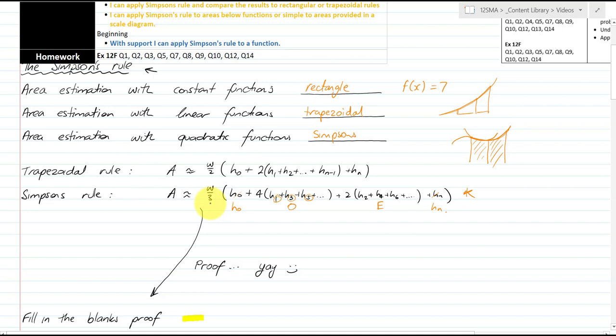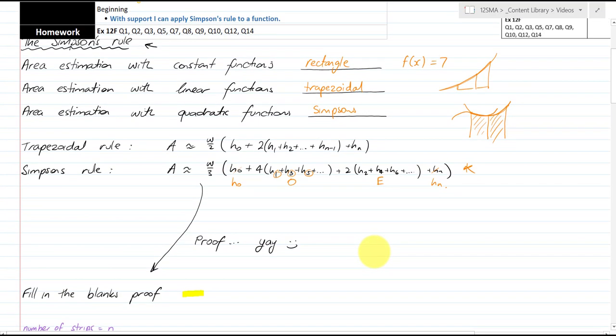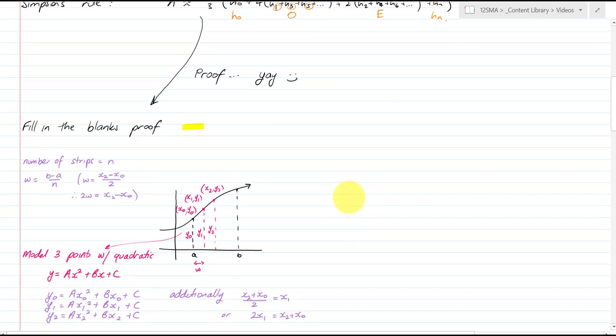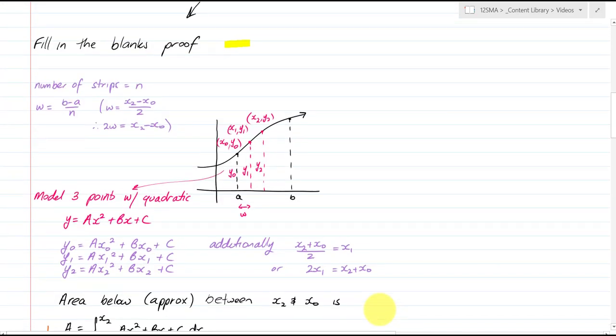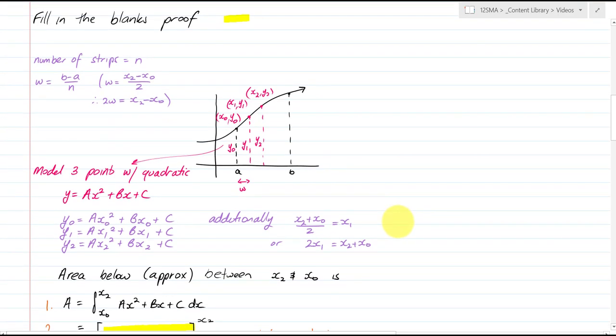So there are our formulas, but we're going to go ahead now and prove the formulas so that you know what to use and how to use them, and you might need to revert back to this proof in some harder questions. It's going to be a fill-in-the-blanks proof because it's quite complex and I might not remember it all. So in yellow we have the fill-in-the-blanks parts, and I'll be writing those in black because obviously it's there.